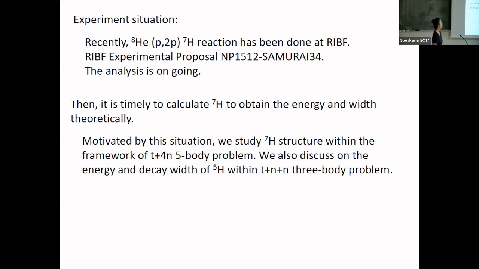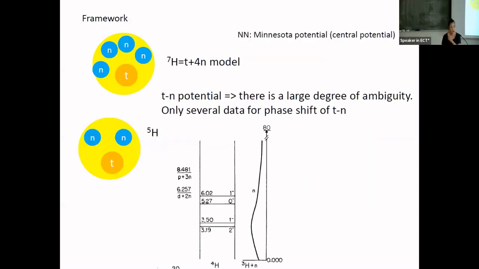Motivated by this situation, we study the hydrogen-7 structure within the framework of the triton plus 4n 5-body problem. We also discuss the energy and decay width of hydrogen-5 within the triton plus nn 3-body problem. Okay, so this is the framework.